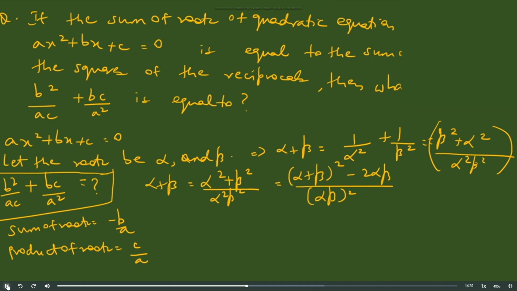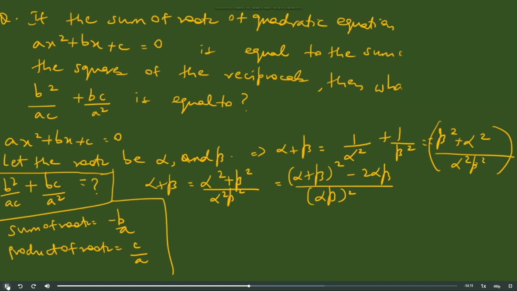Now look at this carefully. Please pay attention. Alpha plus beta is nothing but sum of the roots, which is equal to minus b by a.